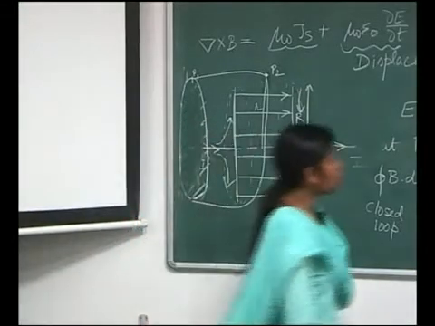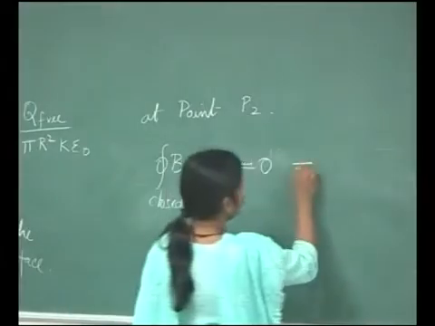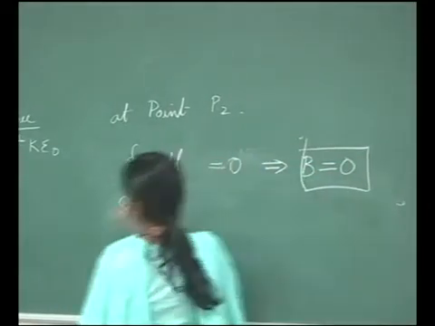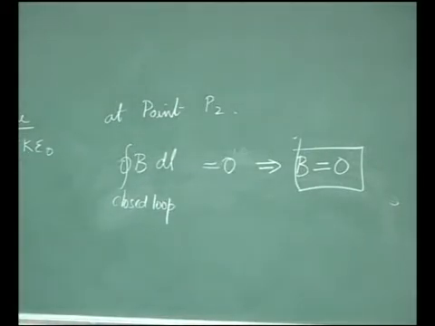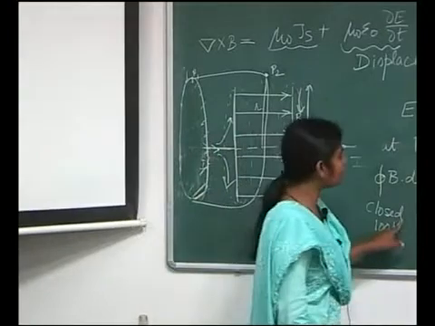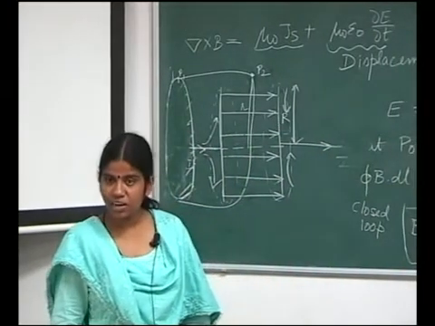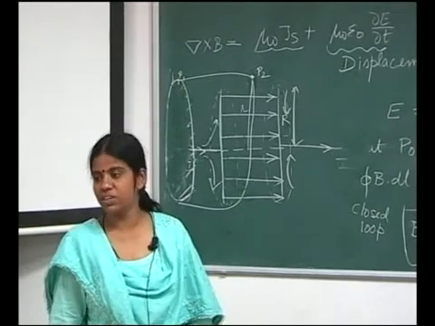Okay. So, I conclude here that B is 0 inside the capacitor, but just now I saw that a changing electric current gives rise to a changing electric field inside. So, B cannot be 0.